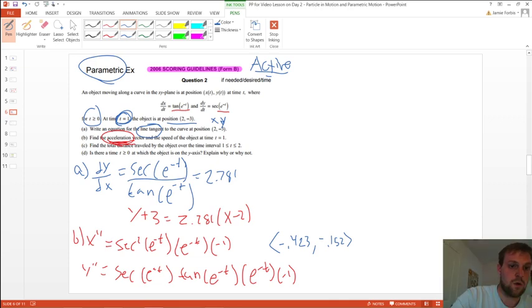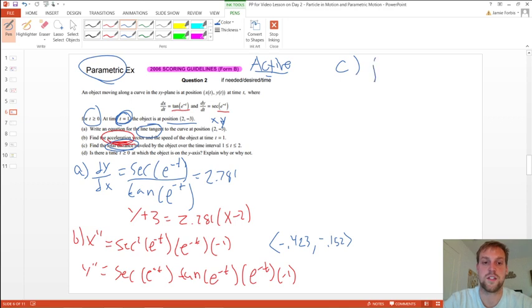All right. So total distance traveled by the object over the time 1 to 2. If I want to know total distance, it's still the same exact formula as the last one. It's still going to be the integral of the absolute value of v of t. That's just a formula that needs to be known in parametrics.